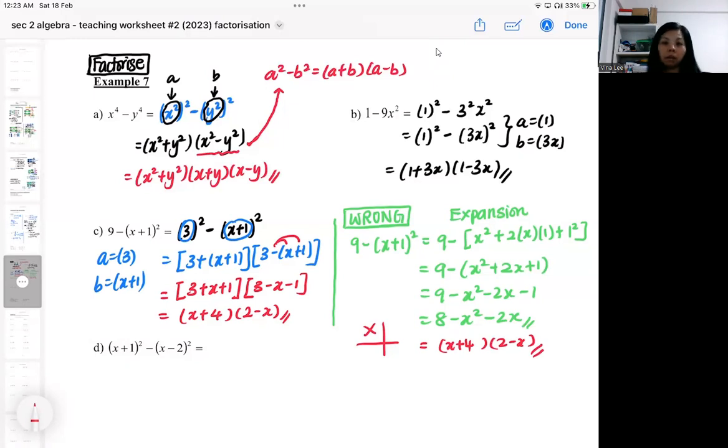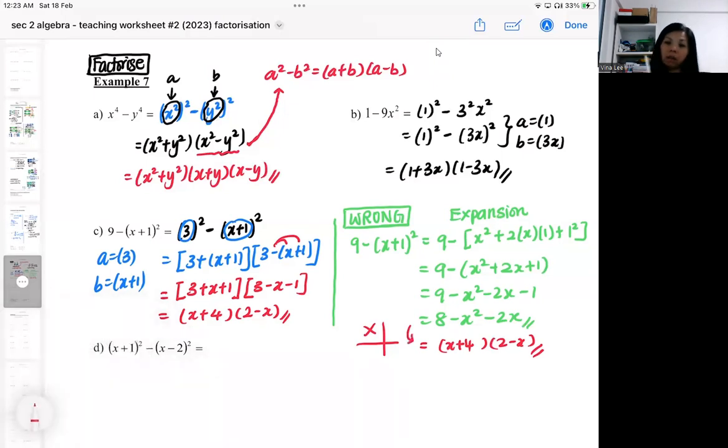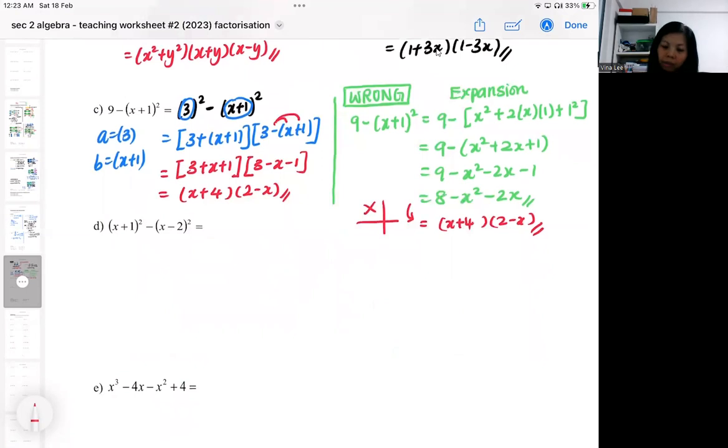If the student stops at the green part, then the student is wrong because the student is doing expansion. But if the student continues with the cross method or the tic-tac-toe method, then the student actually got it correct. So the student did an expansion followed by factorization. As long as the answer is in factorized format, it will be correct. For D, it's exactly the same thing.